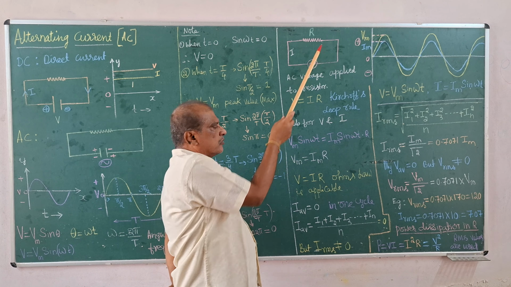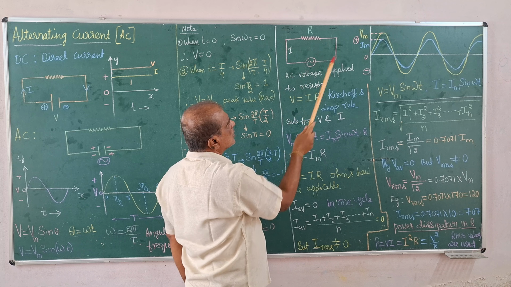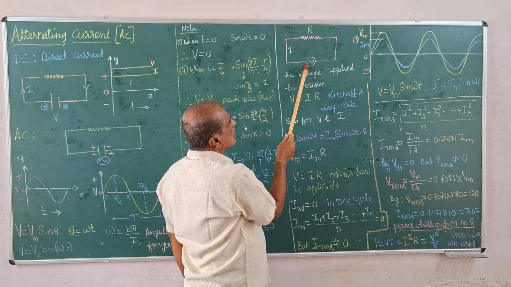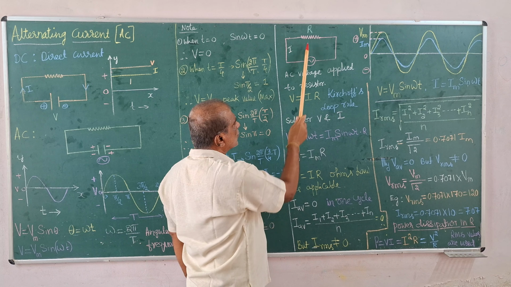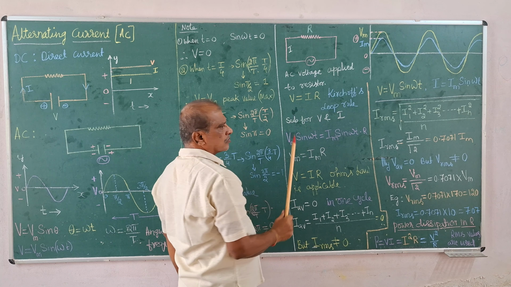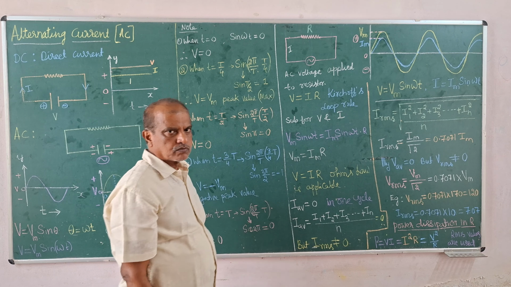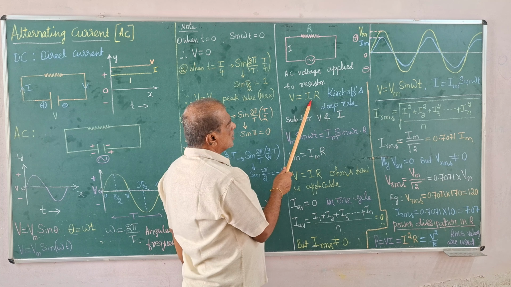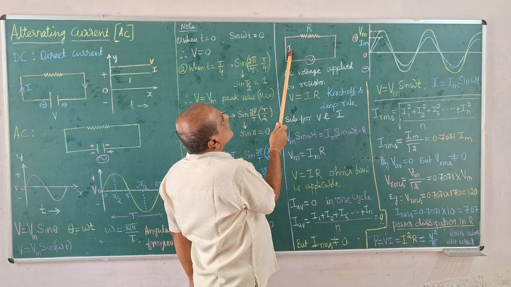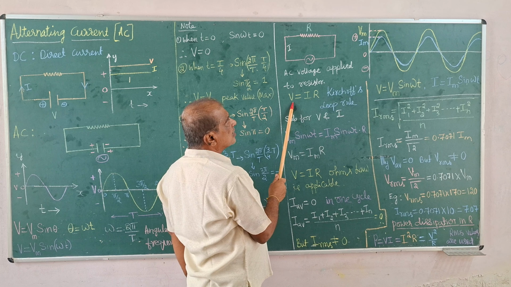With DC, the voltage and current remain the same. In accordance with Kirchhoff's rule, in a closed circuit there is a source and a load, only one source and one load. They are equal: source equals total load. So this is for DC.